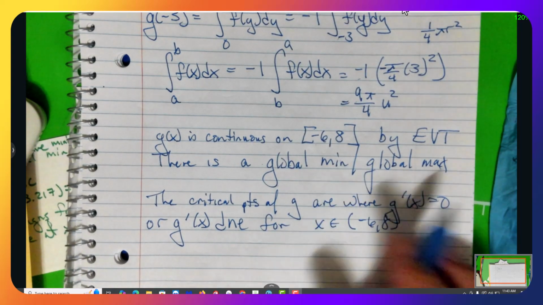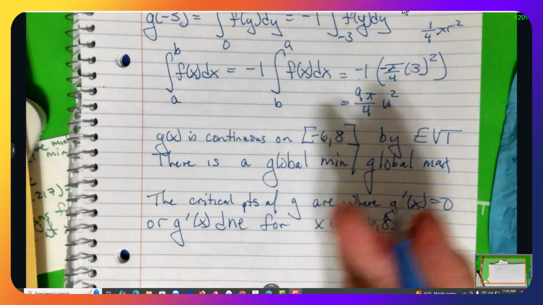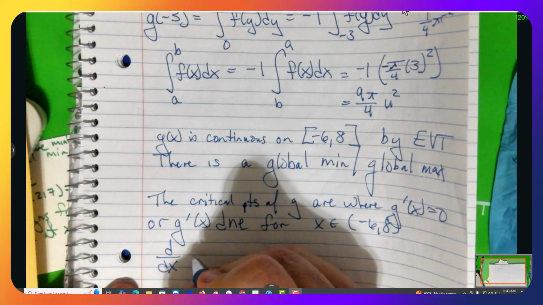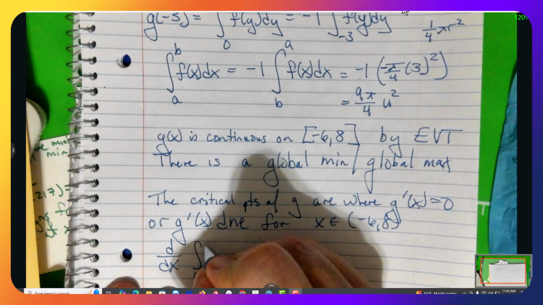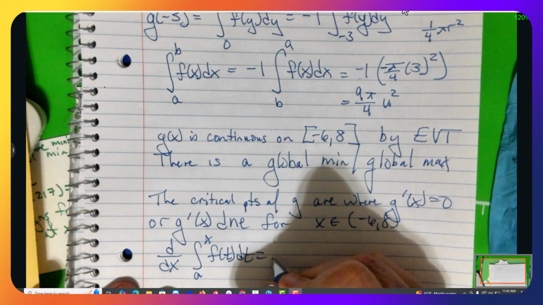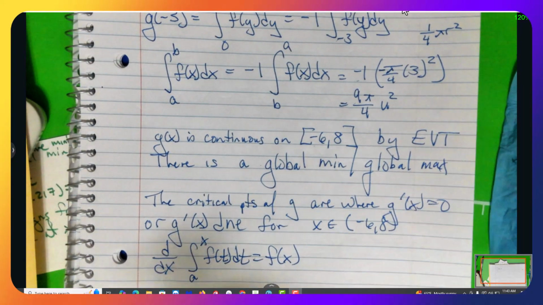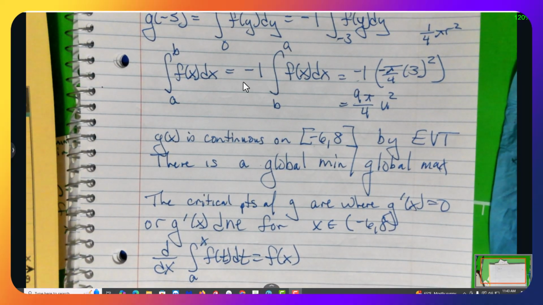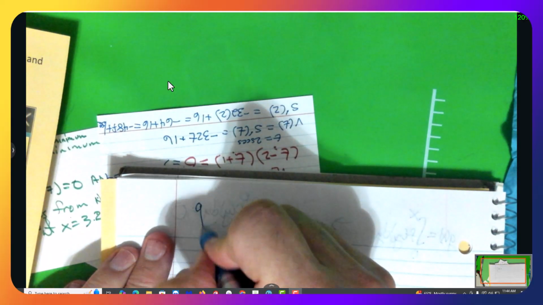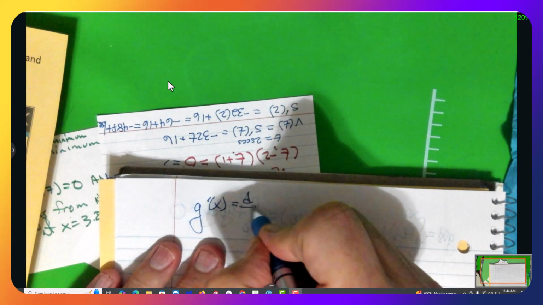Now, that means I need to talk about the second part. Well, okay, some people call this the second part. Your book calls it the first part. It says if you have the derivative with respect to x of an accumulation function, it's that. So for us, let me pause this and turn it over. So for us, the derivative of g is called g prime, but I would still like you to work on notation, please.